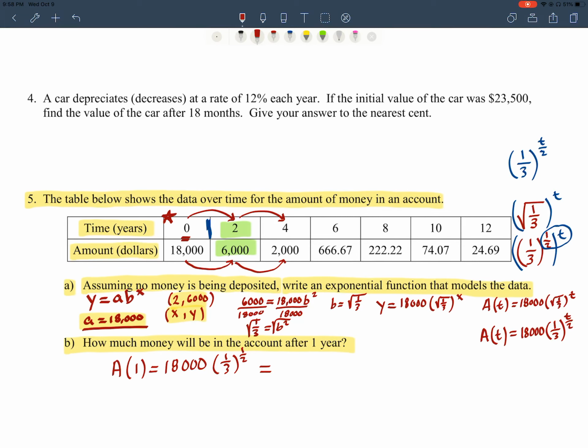So we'll say 18,000 and we'll get, in the end, $10,392, and it looks like 30 cents. So that would be how much money was in the account after 1 year.